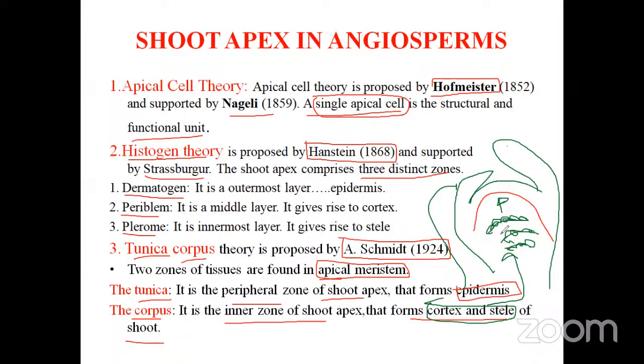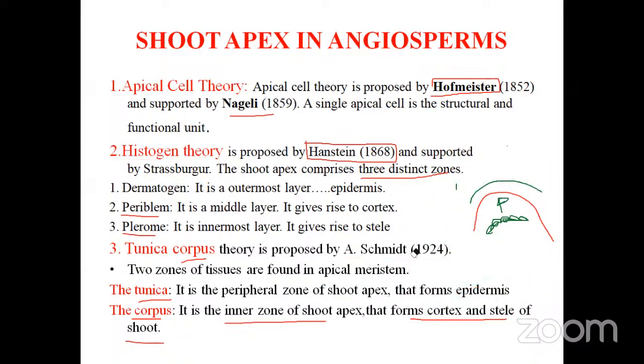And root apex theories. What are root apex theories? The same as shoot apex, root apex theory is also there. If you see root apex theory, again apical cell theory is common.